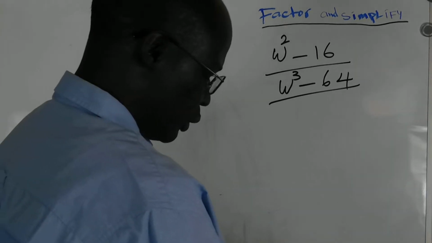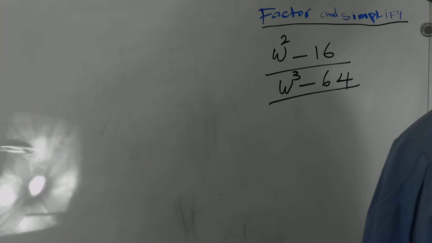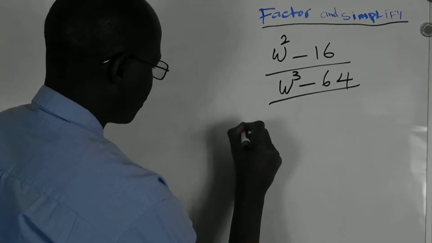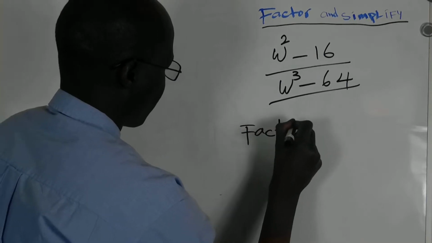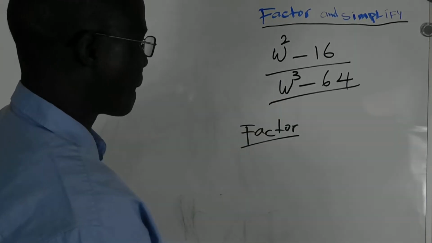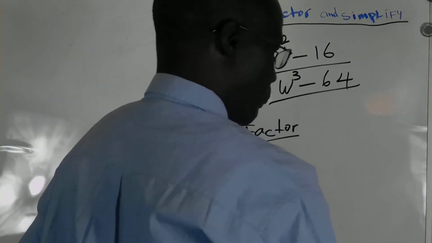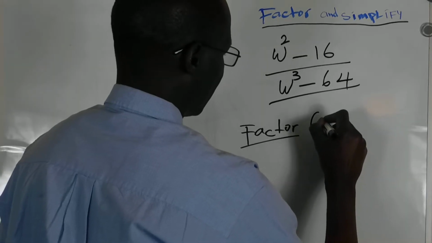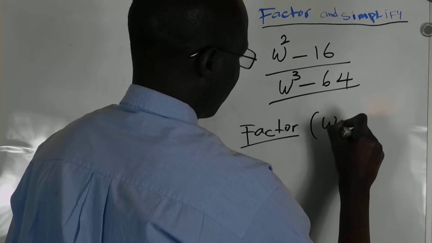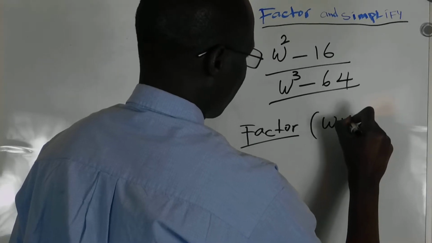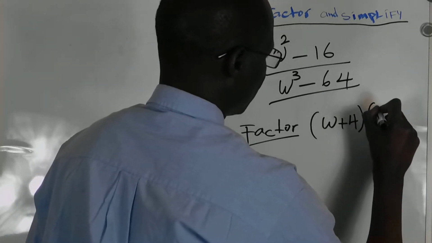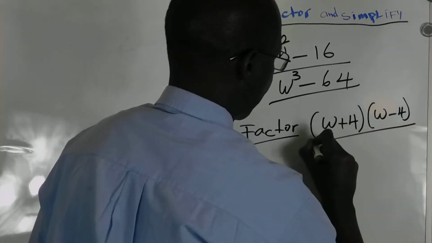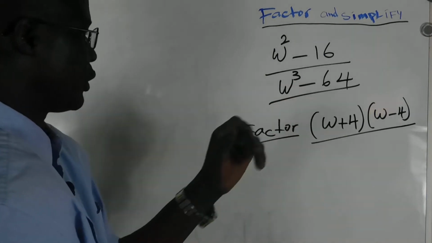So the first thing we're going to do, we're going to factor the first one. The first one should be w minus 4, and the other one should be w plus 4.